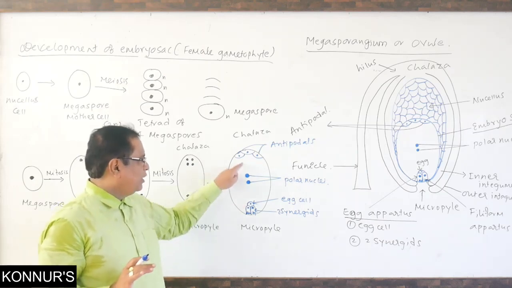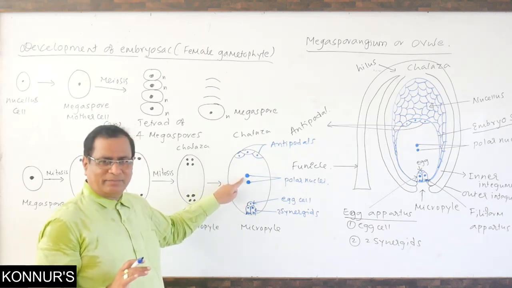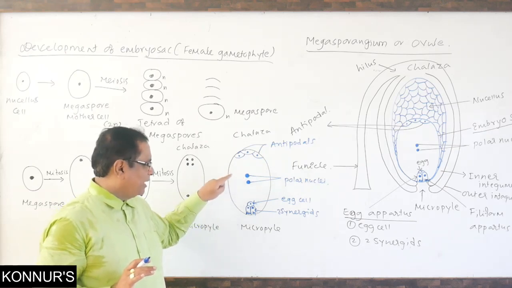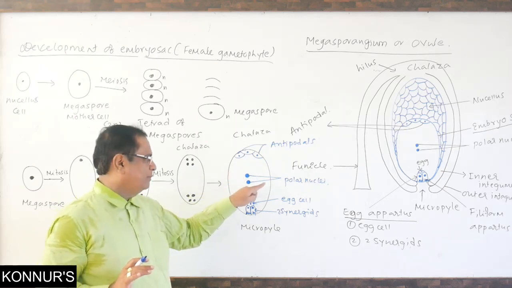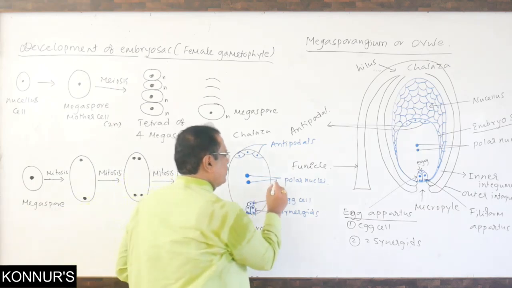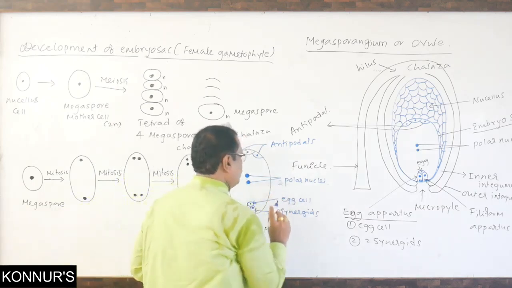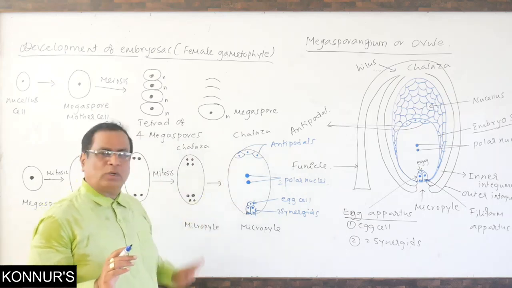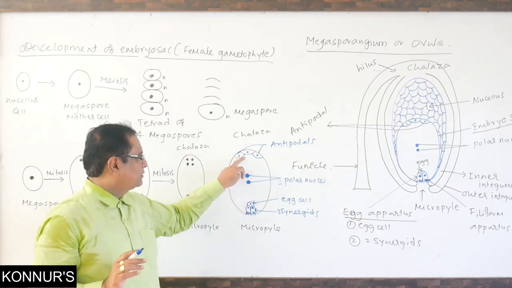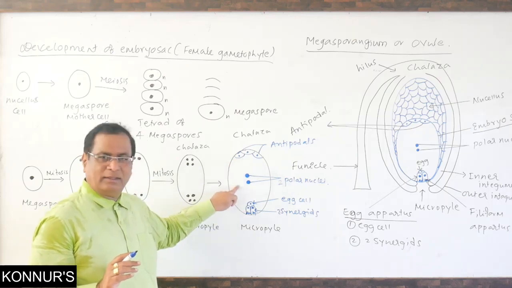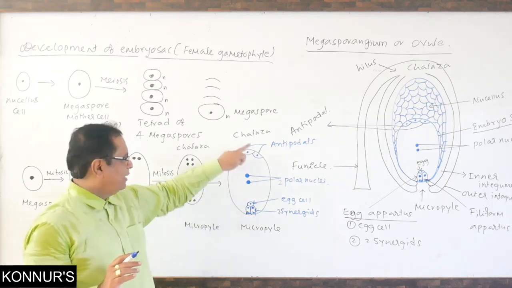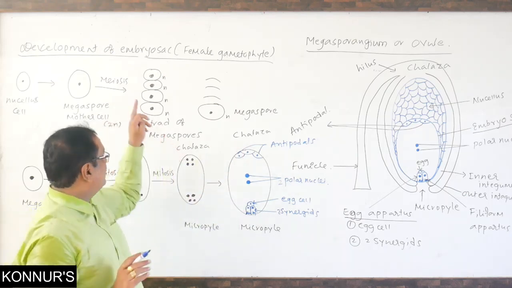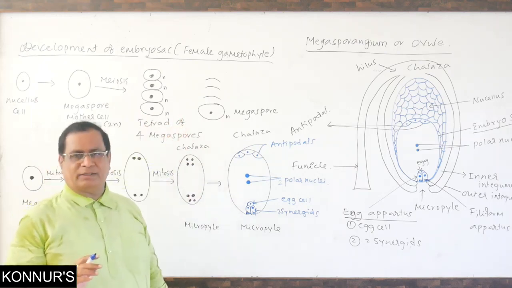From both the sides, 1 nucleus is remained. They come to the center and become 2 polar nuclei. They are haploid. So that totally 8 nuclei are there, and 3 plus 3 and this 7 cells. And this is embryo sac or female gametophyte.